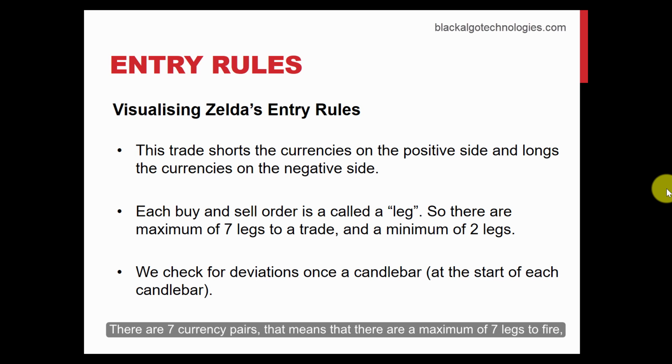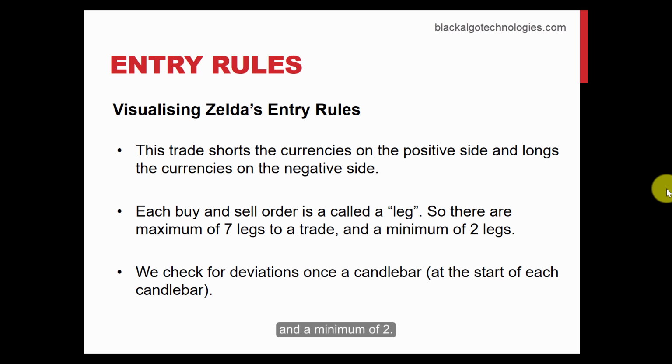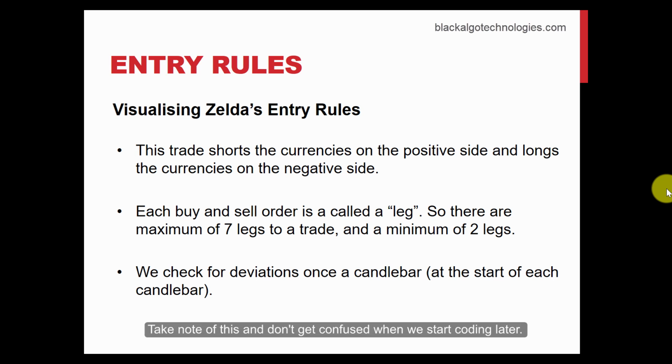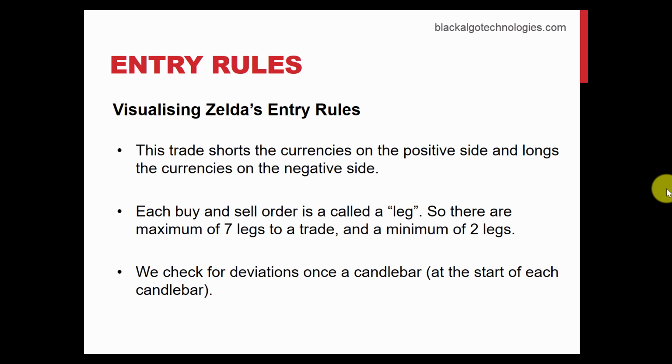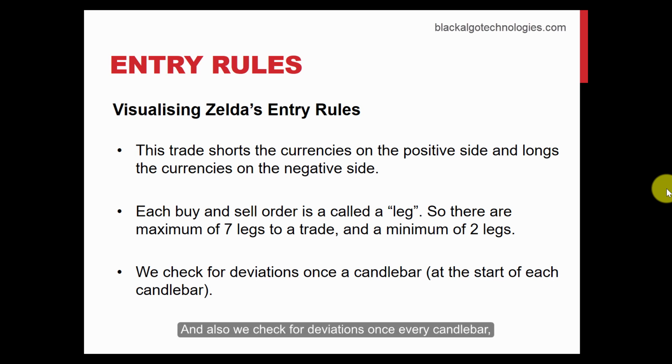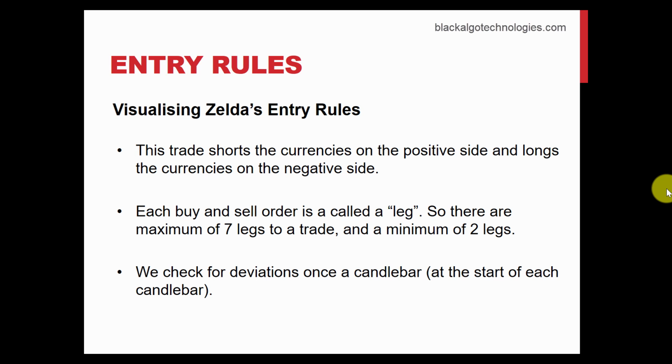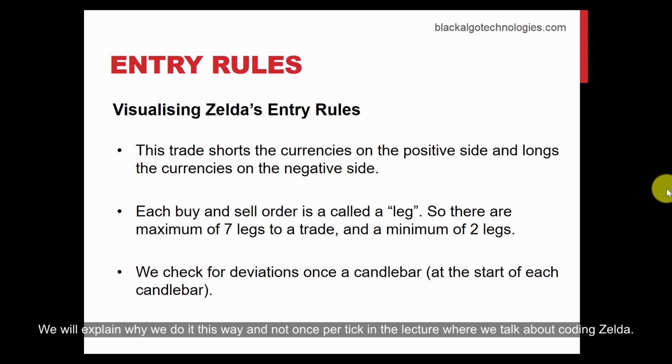That means that there are a maximum of 7 legs to fire and a minimum of 2, because we need at least 1 on each side. Alright, so take note of this. Don't get confused when we start coding later. And also we check for deviations once every candle bar, meaning at the start of each bar we will do it. We will explain why we do it this way and not once per tick in the lecture where we talk about coding Zelda.